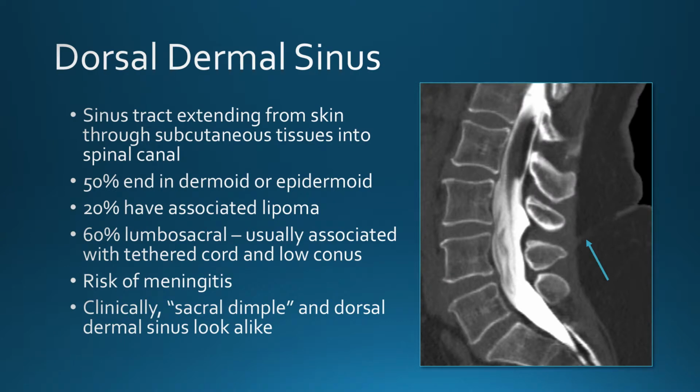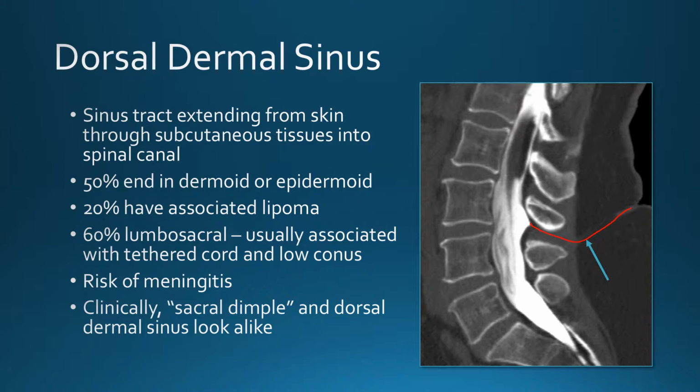So dorsal dermal sinus is a sinus tract that extends from the skin into the spinal canal. About half of the time, these terminate in a dermoid or epidermoid cyst, and about 20% of the time they're associated with a lipoma, like in this case.